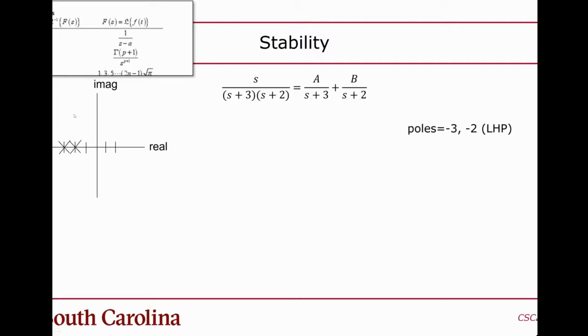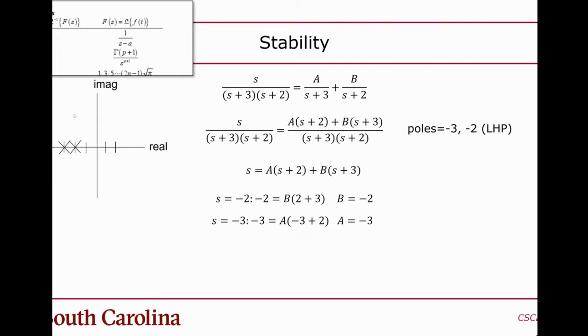And so this should give me a stable function, but I can test it by going through the same steps I did before. So once again, I'll take this function and decompose it into a sum.